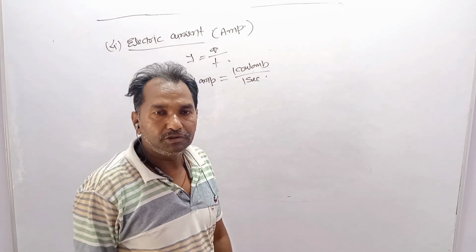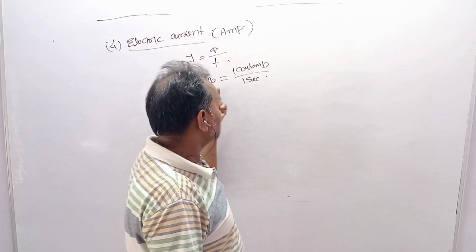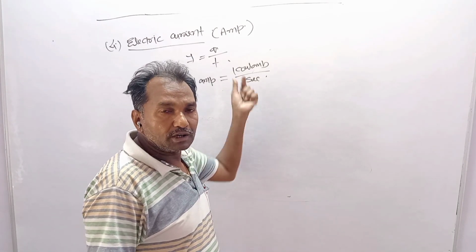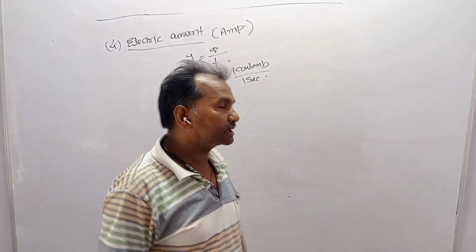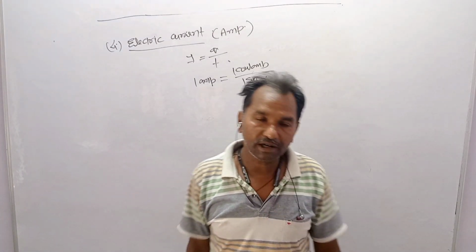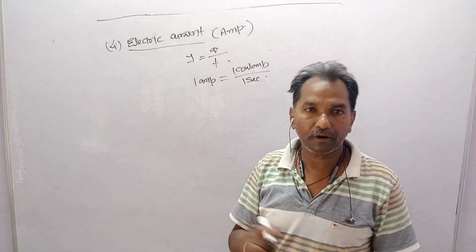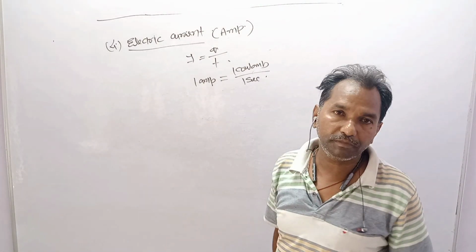So you can say that 1 ampere current is what? If from a point 1 coulomb charge passes in 1 second, then the current flowing is 1 ampere.